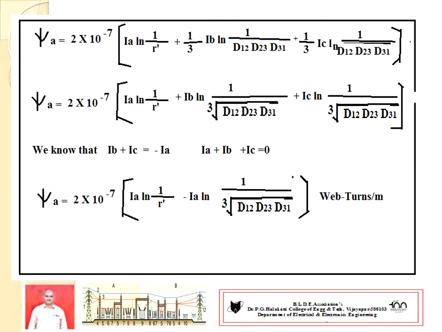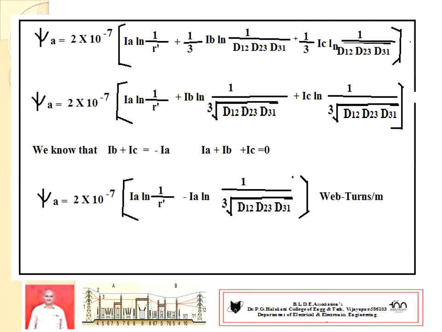So, these factors are common: 1 divided by the cube root of D12 D23 D31 is common. By taking the ln of that value, the equation may be rewritten by replacing Ib plus Ic with minus Ia.